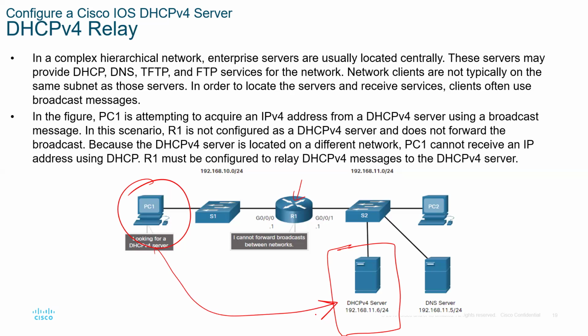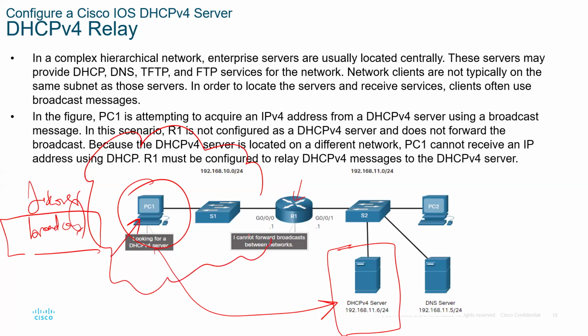For those specific reasons, that is why a server and a client are not on the same network. The problem now is that DHCP uses broadcast. When you send your discover message, this is a broadcast. So if PC1 sends a broadcast, that broadcast is confined within this network because routers do not forward broadcasts. So how then does PC1, the client, communicate with the server?